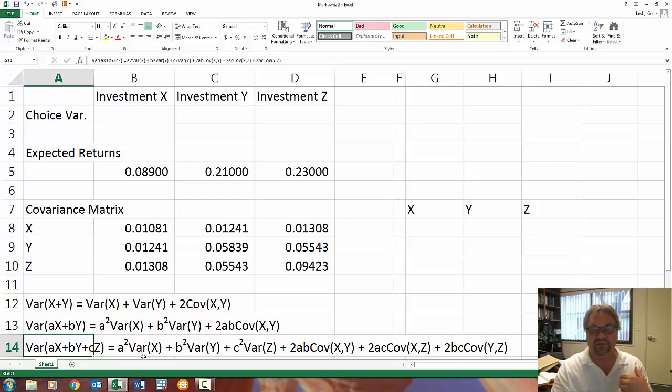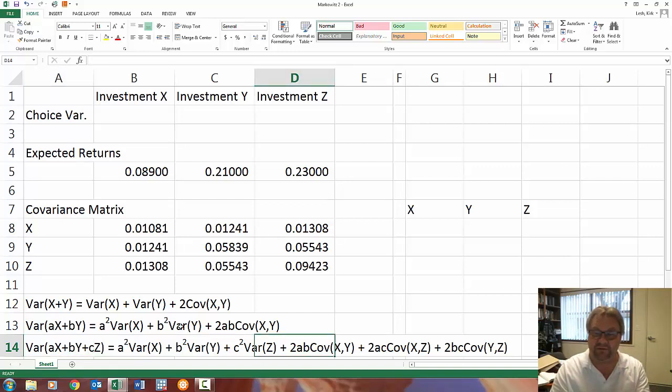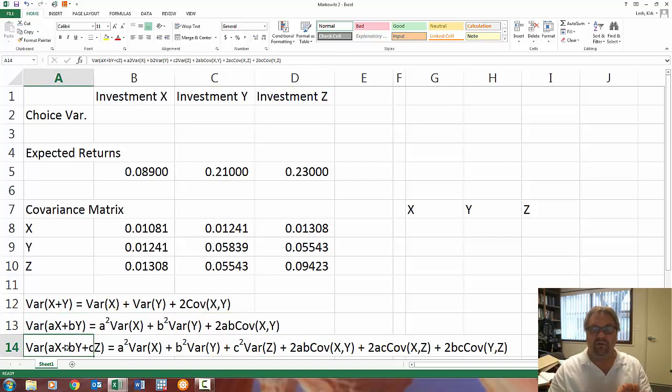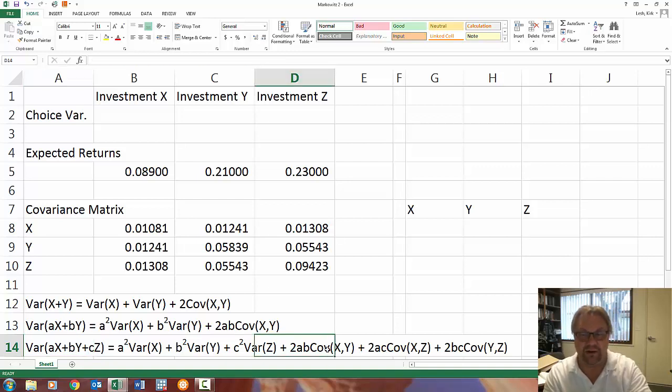So again, I'm going to get A squared variance of X, B squared variance of Y, C squared variance of Z. And then I wanted to point out here, because it's hard to see this in the earlier formula, that whenever you take the variance of 3 or more variables, you always have to include the covariance between all of the variables. And so that's what I'm trying to show you here.